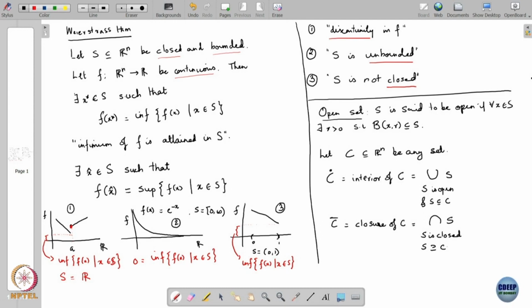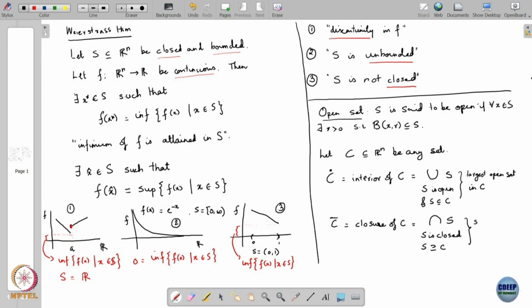Do you see that the interior itself is an open set? Because it is a union of arbitrary open sets. So, the interior is the largest open set in C. Likewise, the closure is also a closed set, because it is an intersection of an arbitrary number of closed sets.